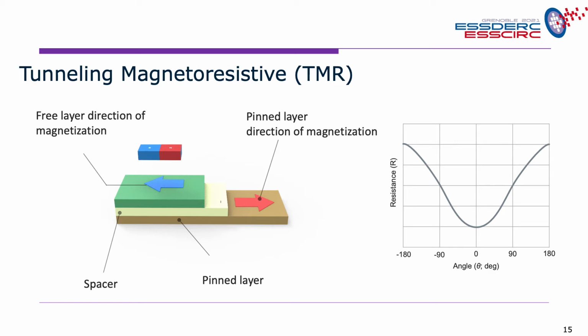So by recording and measuring the anti-parallel and parallel resistance, with a spacer between these two layers, we can measure the magnetic field.